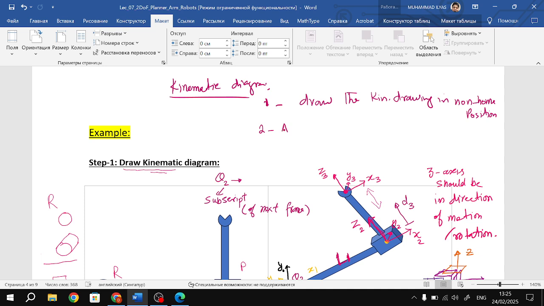Second, attach frames to each joint. Third, attach joint variables to each joint, and also write the link lengths.